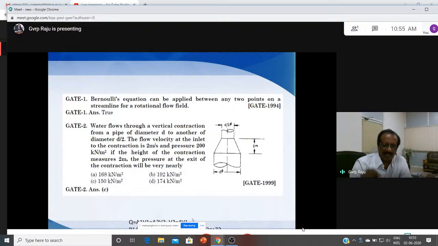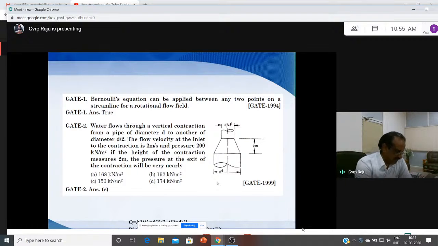So we have now used the continuity equation. For any solution, if you use the continuity equation and Bernoulli's equation, that solves many fluid flow problems. So A1 V1 is equal to A2 V2, substituting A1 and A2 values we get V2 is equal to 4 V1, and then apply Bernoulli's equation.